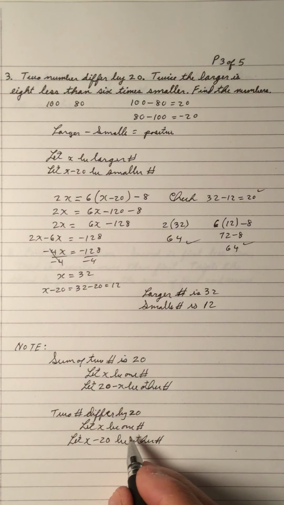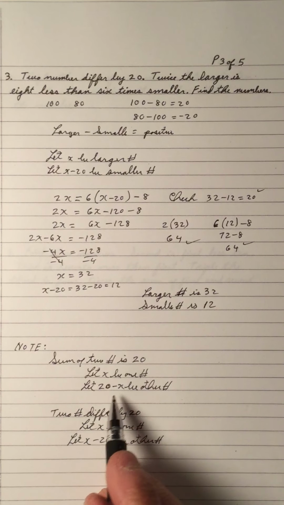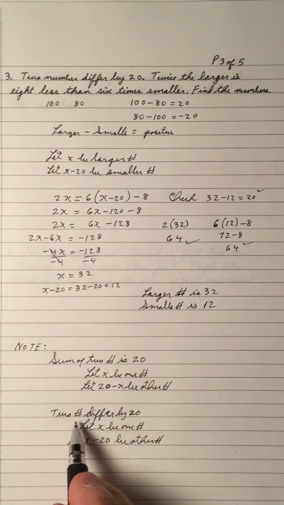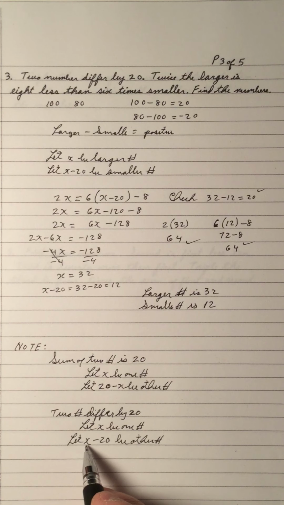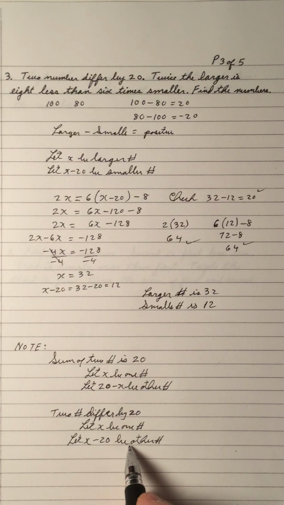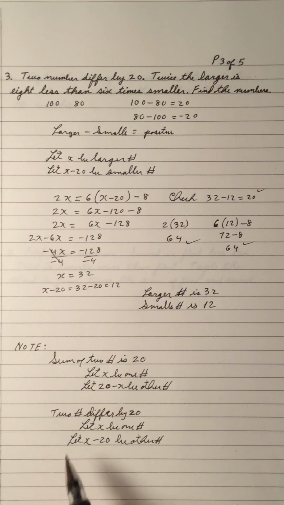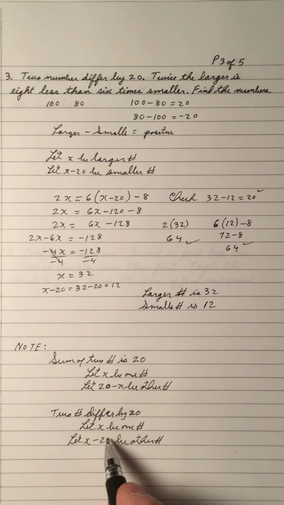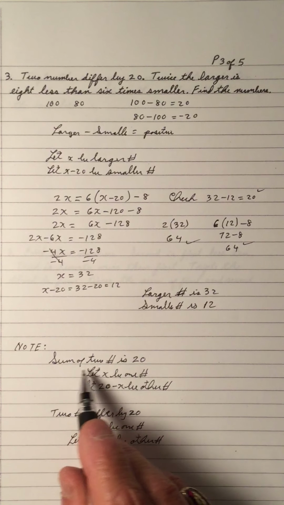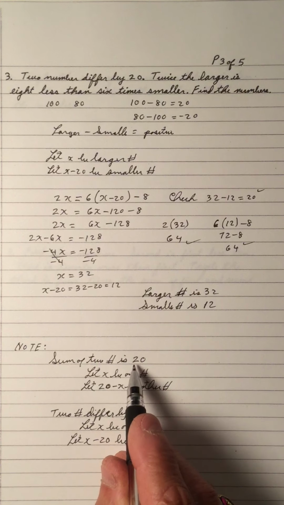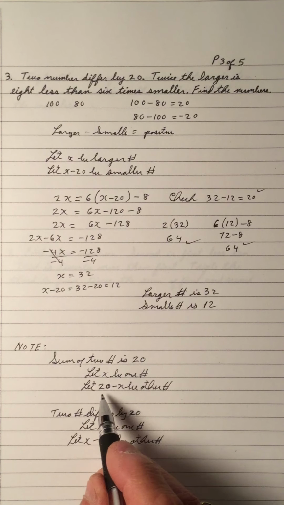So when I learned this math, I had to distinguish between the two. Differ means subtract. So it made sense that x and x minus 20 made sense. If you got a number and the other one is 20 less, you're going to subtract 20. But the sum got me mixed up, so I had to distinguish. The sum is 20 is x and 20 minus x.